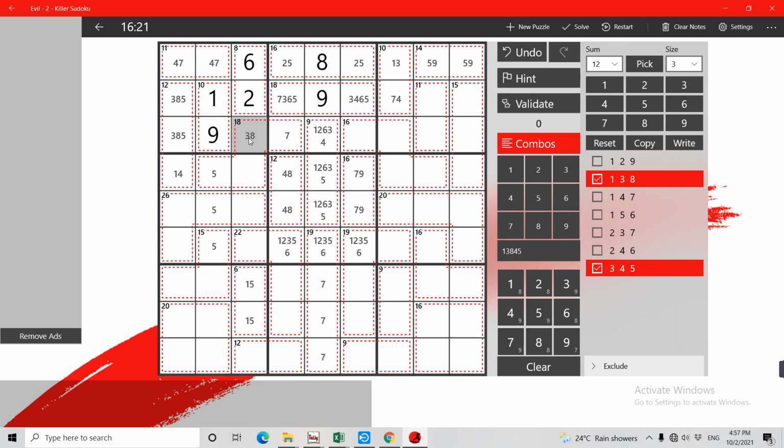Since I have a 3 and 8 here, it means 1, 3, 8 is not a possible series anymore. Which means this needs to go as a 4, and get an 8 here, and get a 4 here.